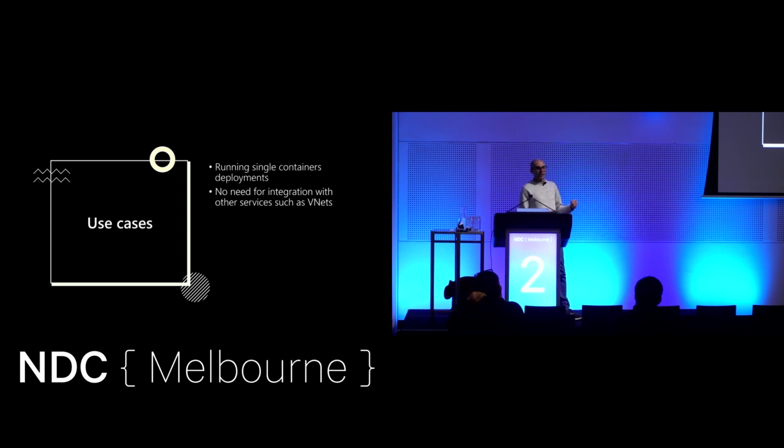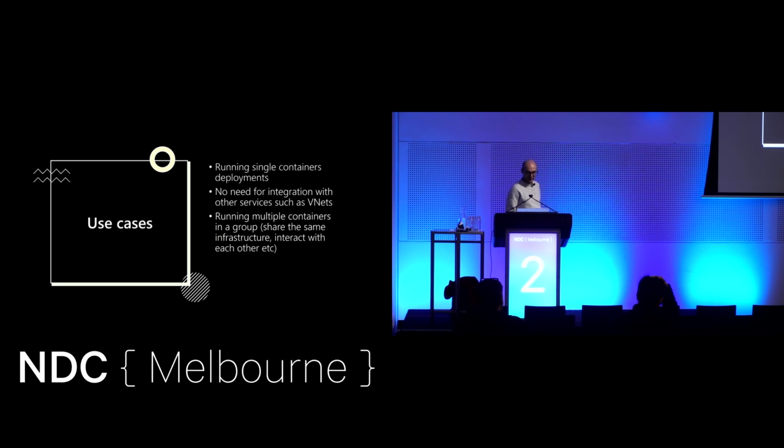If you don't need integration with other services, such as virtual networks or any other features that are available through other services in Azure. For example, you don't want auto-scaling. All you need to do is just run your container and get away with that. Again, this is a great service for that as well. And if you want to run multiple containers, but you want to run them on the same infrastructure, you want to share the infrastructure between them, this is the service you need to go for.